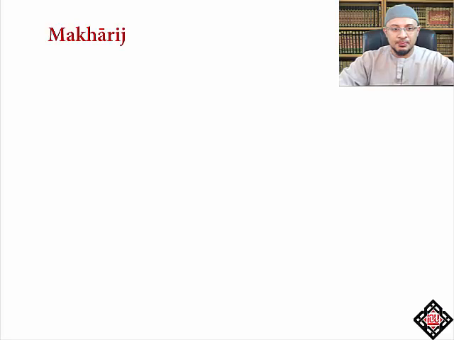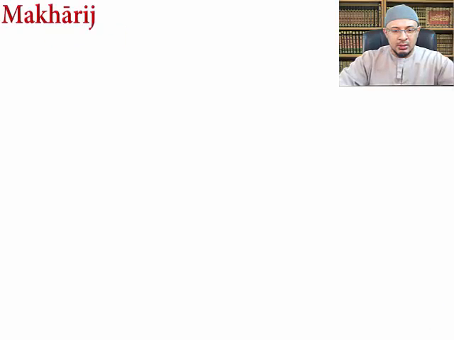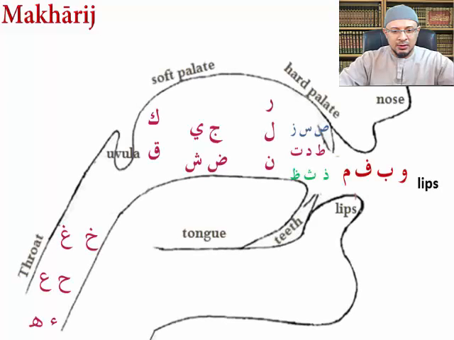The Makharij. This is the table that we've seen a couple of times. And the letter Sin is located, in terms of makhraj, at the front part of the tongue. Actually, it's the front part of the tongue touching the lower front incisor.